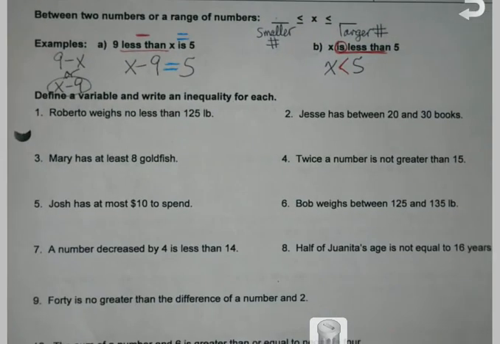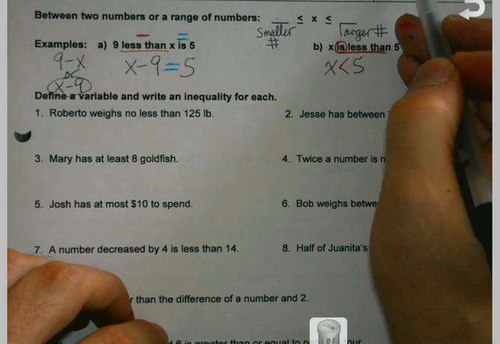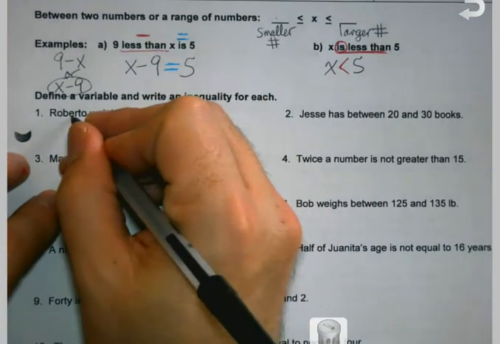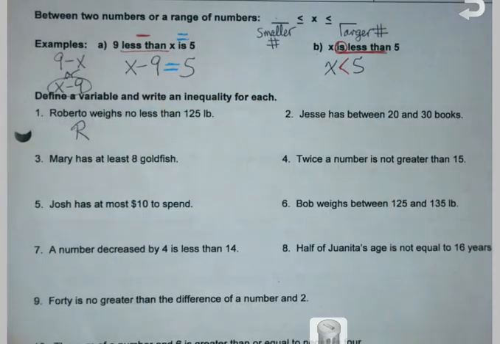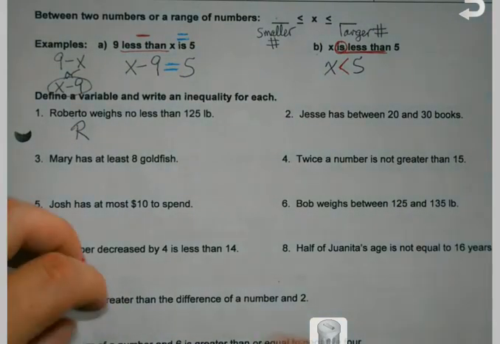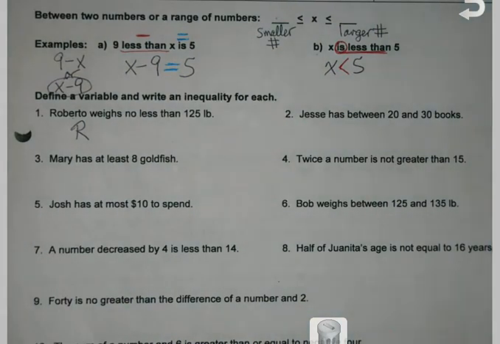So let's see. Number 1, Roberto weighs no less than 125 pounds. No less, okay? So now, Roberto, you could use an R to stand for him. If you want to use X for all of them, you absolutely can do that. But we're always looking for those key words.